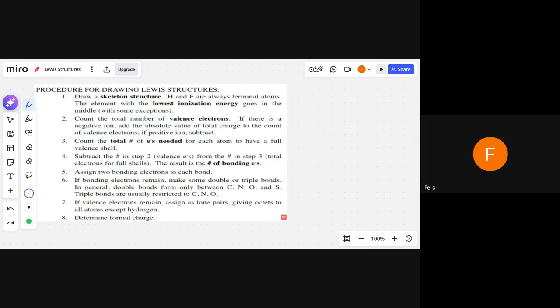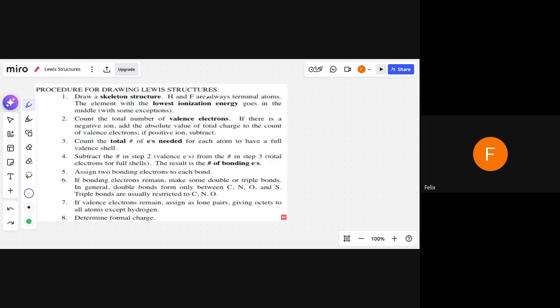So in this lesson, we will be talking about Lewis structures, and this is a very important topic for understanding bonding, covalent bonding, and what the basic structure of a molecule is.